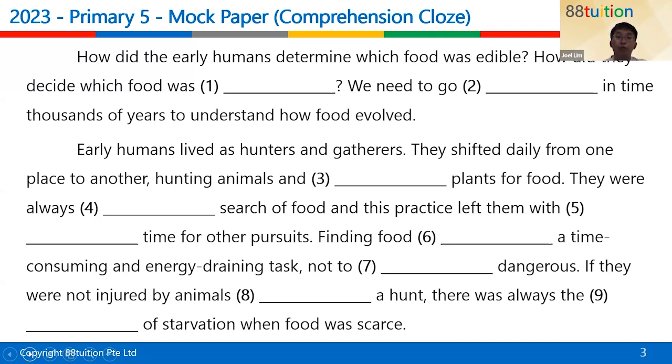The first step is actually to read the whole thing carefully first, and then ask yourself, what is the passage telling you? Ask yourself, what is it all about, right? And then if after you've read the passage, it sounds a bit familiar, you're like, oh, you know what? I do know some vocabulary about the cloze passage. So that will definitely help you in filling in the blanks as well.